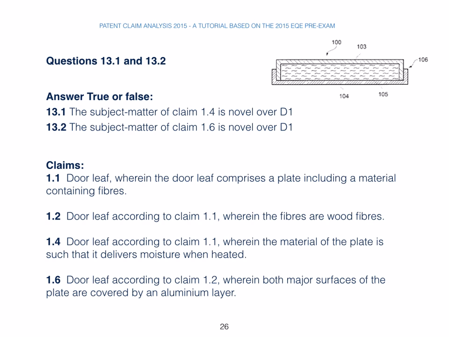And are both major faces of D1's plate covered by an aluminium layer? So you need to go back to D1 again to check these various points. Once you've been to D1 and you've checked the points, make up your mind whether the statements are true or false, and then we'll pass to questions 13.3 and 13.4.